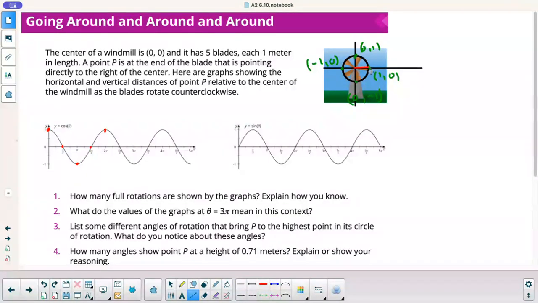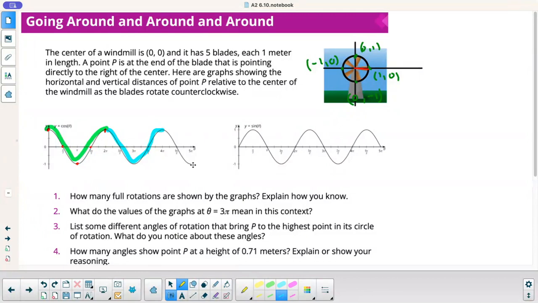Here's my windmill blade. So it starts right there, it goes around, and boom, we're back at 1 up here. Okay, and then I go again. So it's almost like, here's a full cycle. And then I'll change colors, and there's another full cycle.